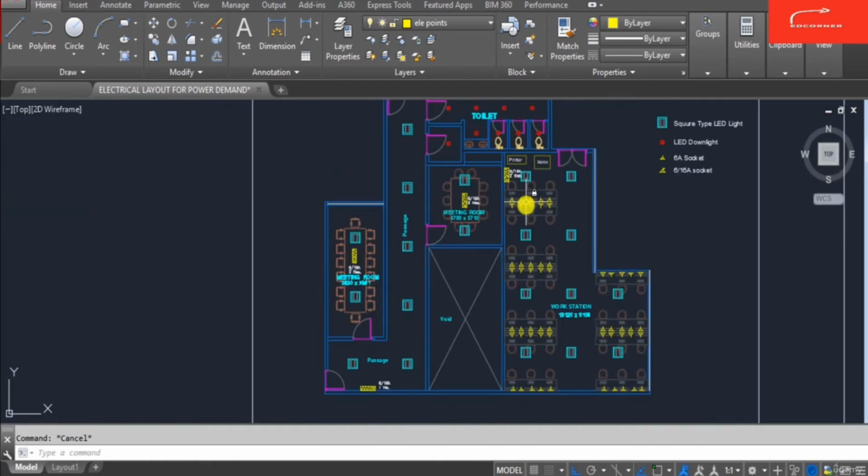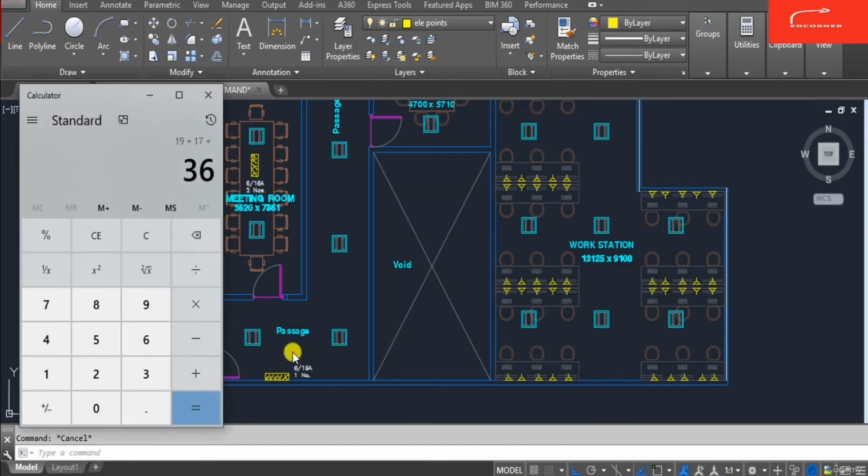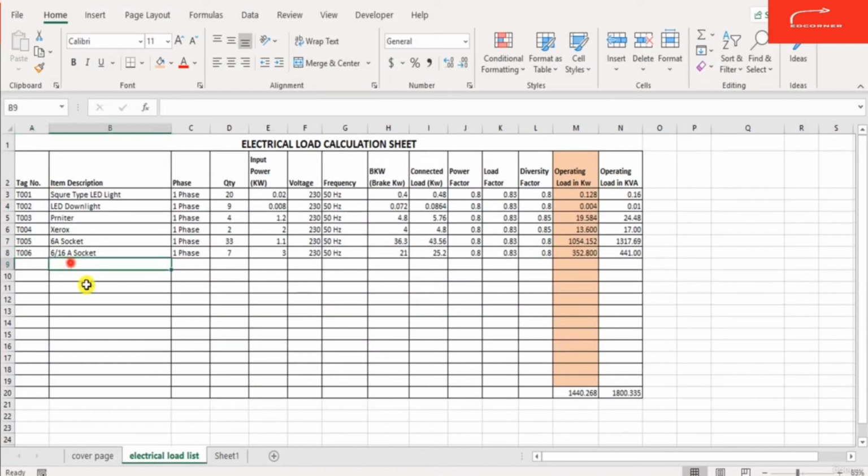Now how much is this? 1, 2, 3, 4. This will be 12, 13, 14, 15, 16 plus this 4, that will be 20. This 2, that will be 22. So total 22 numbers of 6 ampere sockets are there.